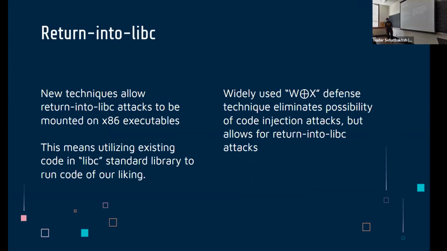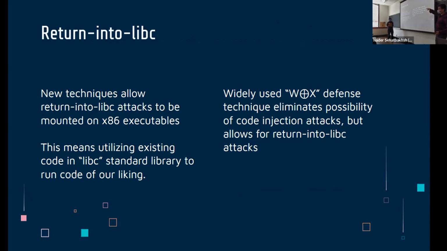All right, so again, this goes into returning to libc. Basically, it allows the attackers to use the x86 executable, and the widely used W XOR X defense technique eliminates the possibility of code injection attacks, but allows for returning to libc attacks.